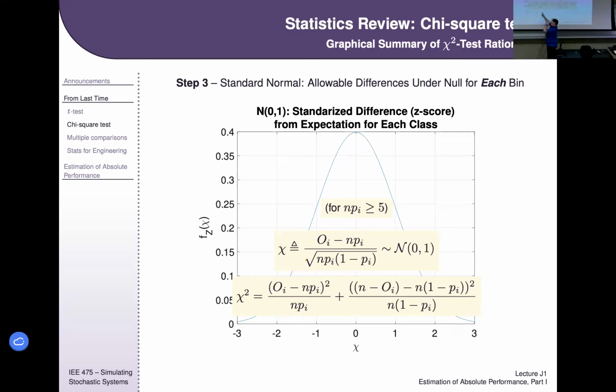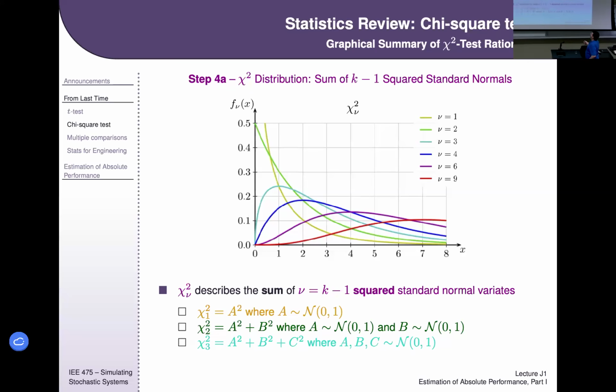It nicely breaks them up so you've got your two bins. And you can generalize that to as many bins as you want. If you have 5 bins, what you're really doing is summing up 4 squared standard normals. And that's where we get this chi-squared statistic.